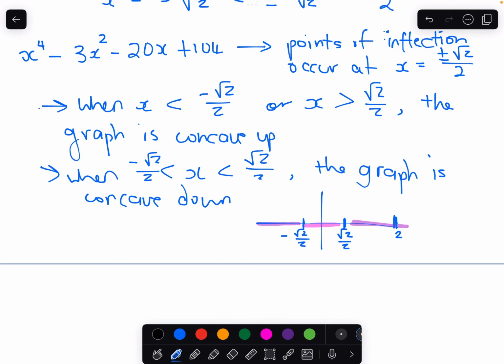This is so interesting. Okay, so this is what? Concave up, but no turning point, and then concave down, and then concave up. Potentially that's what it looks like.